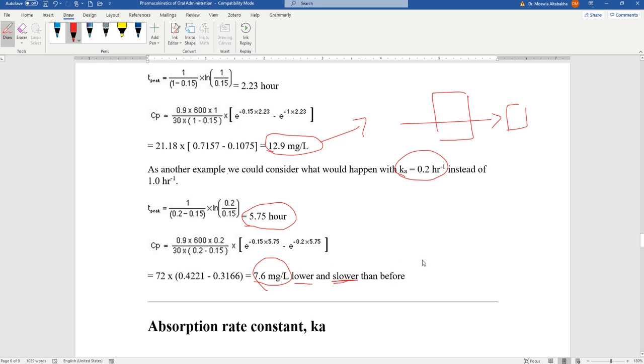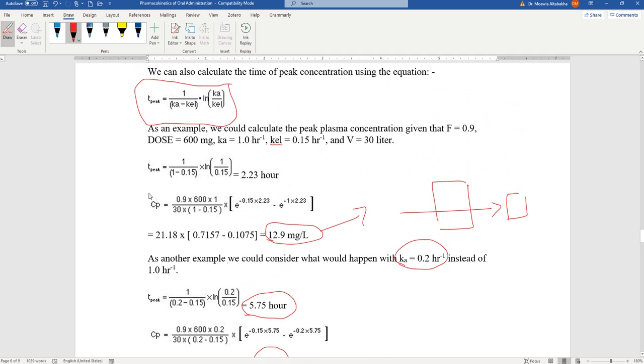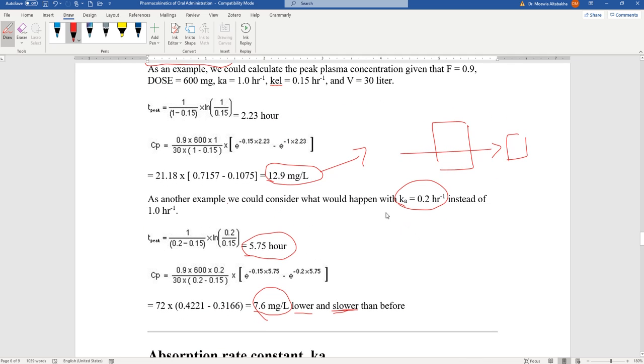So what is the effect of Ka, provided F and the dose are not changed and Kl is the same? The lower the Ka, the later is the peak concentration and the lower is this concentration. The later and the lower.